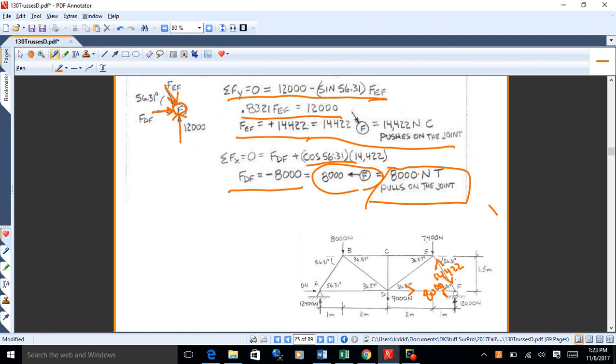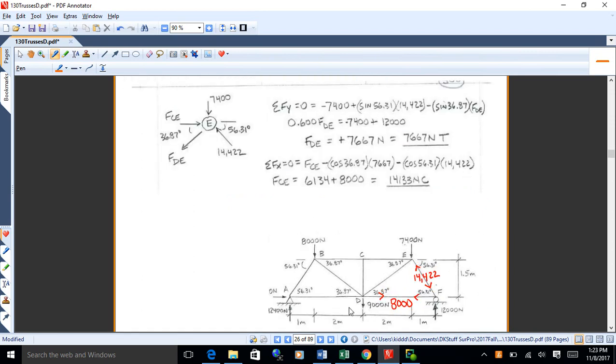If you think of DF as being like a rubber band and you think of pulling on it with both of your hands, it pulls both of your hands in, doesn't it? That's what tension is like, a rubber band that's being stretched. And if you think of EF like a block of foam rubber that you're pushing in with your hands, it pushes both of your hands out. It's in compression.